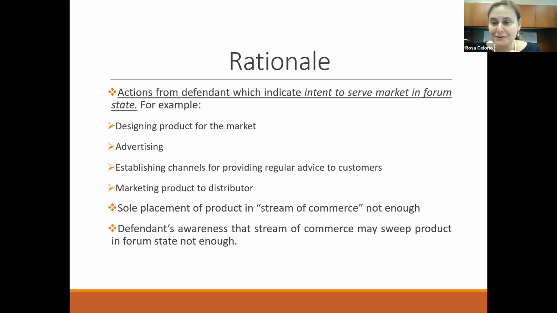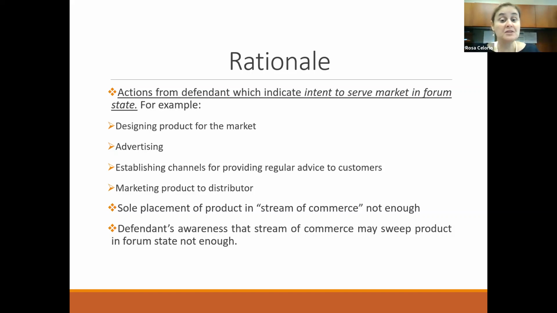A few factors are important for the court, and this is very important because this is all part of the rationale of the case, how the court got to that analysis. Basically, you need to find this intent to serve the market in the forum state. So there's a number of factors: designing the product for the market, advertising, establishing channels for providing regular advice to customers, marketing the product to distributors.